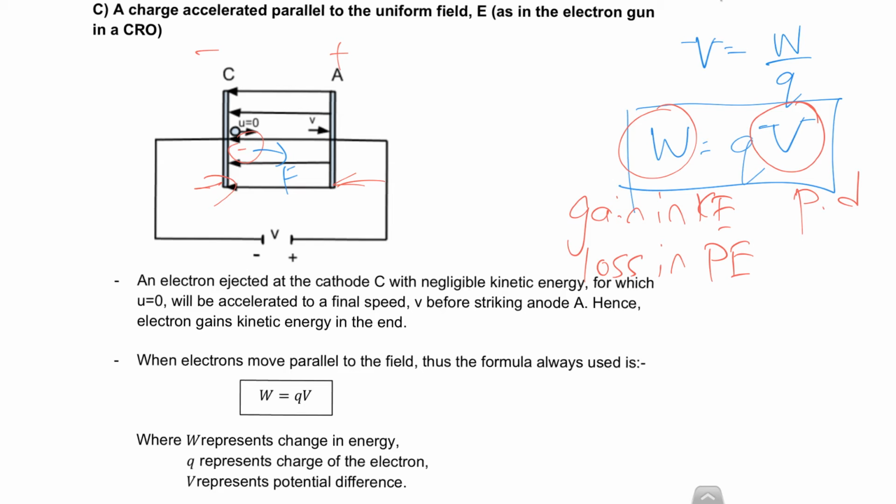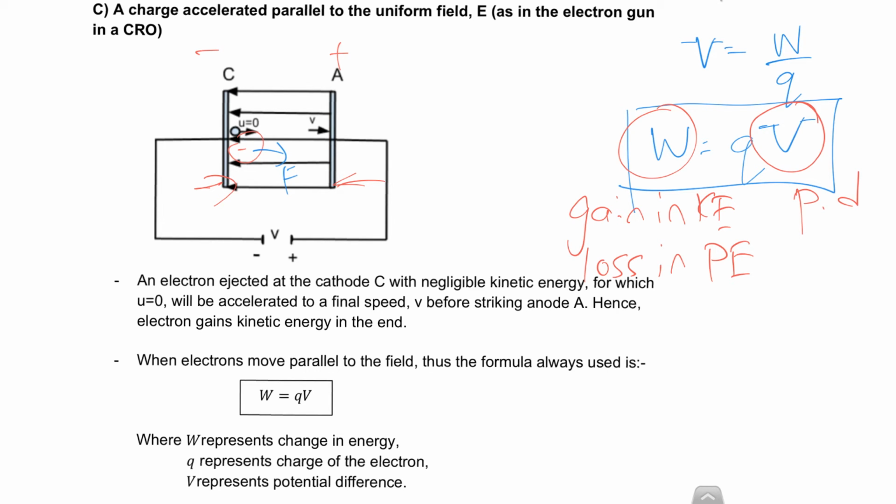Now, you can also have the opposite. Let's say you accelerate an electron, give it a certain speed first, and then direct it to a negative plate. So an electron, which is negative, is coming at a very high speed. If it approaches a negative plate, will it slow down or go faster? It will slow down due to repulsion. So it will lose kinetic energy, and it will gain potential energy.